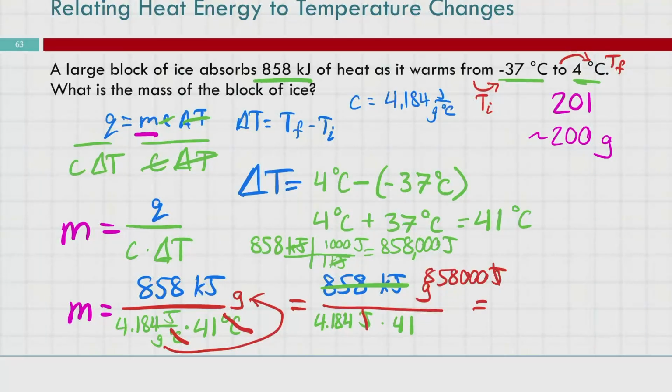So 858,000 divided by 4.184, also divided by 41. And it's 5,001.63224 grams.